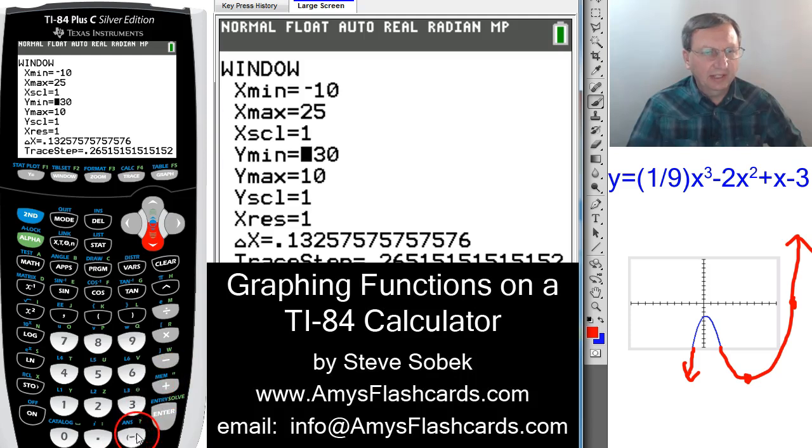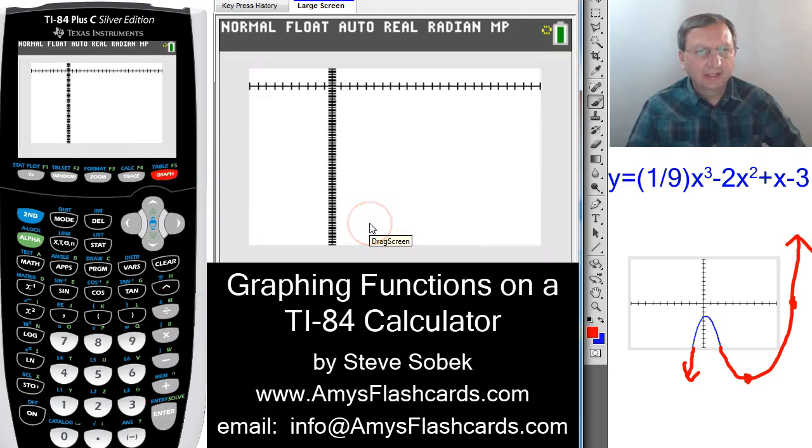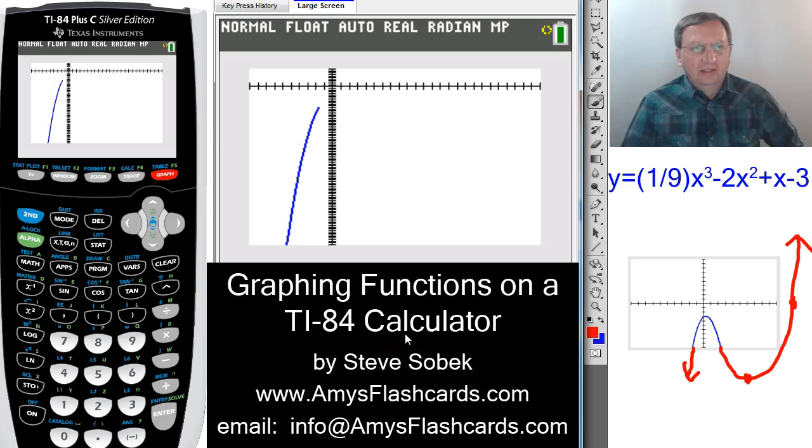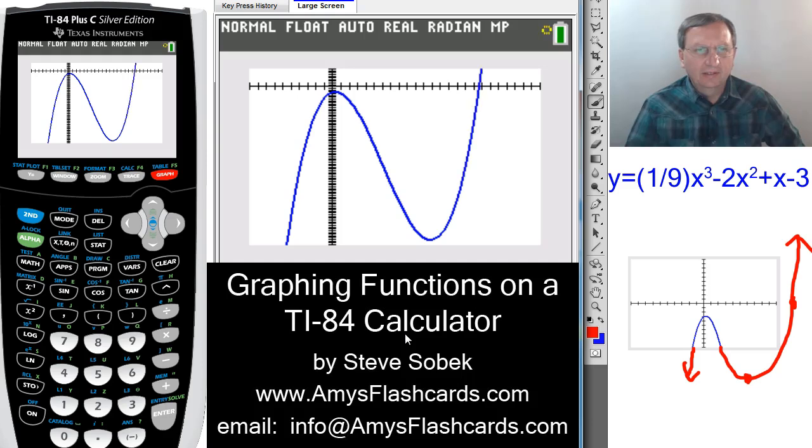And let's try negative 90. I wouldn't blame you for using negative 100 just to make sure. Hit the graph button. Very nice. This is a nice suitable window for this cubic function.